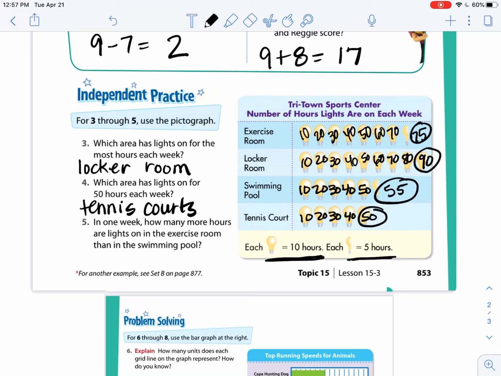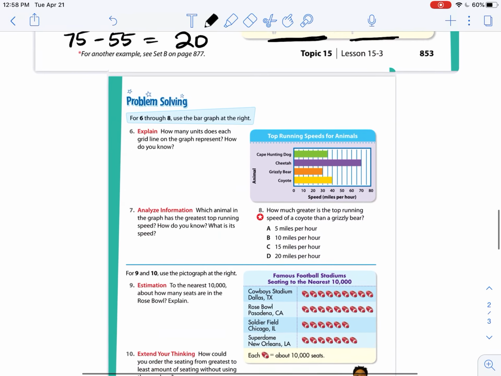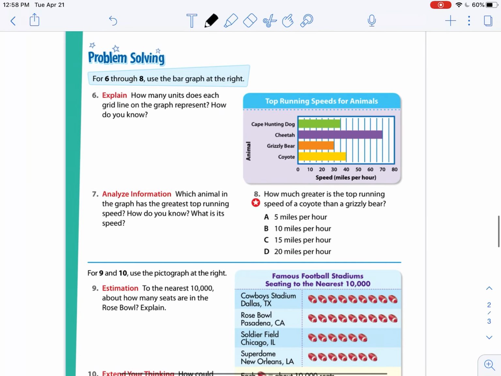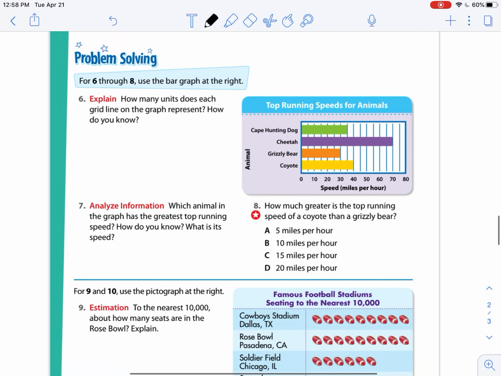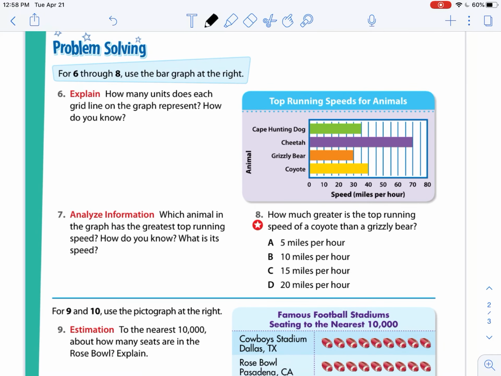And then in 1 week, how many more hours are lights on in the exercise room than the swimming pool? Well, exercise is 75, swimming pool is 55. How many more, again, is subtraction, so that would be 20 more hours. Not too difficult. All right, let's go to the next page, and let's look at 6 through 8.